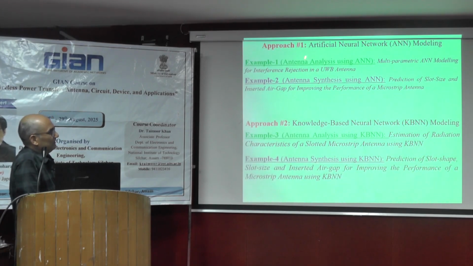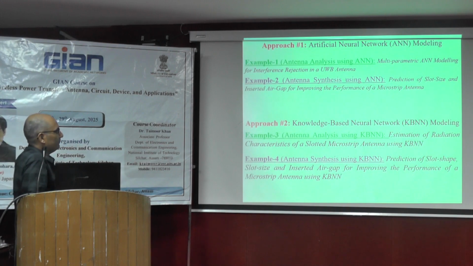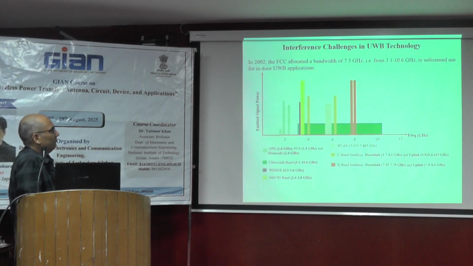So 2 examples in the traditional approach and 2 examples in the advanced approach, one on analysis and another on synthesis. It might be the same design and geometry for analysis and synthesis, or it may be different, because we need to focus only on the approach, not on the example.